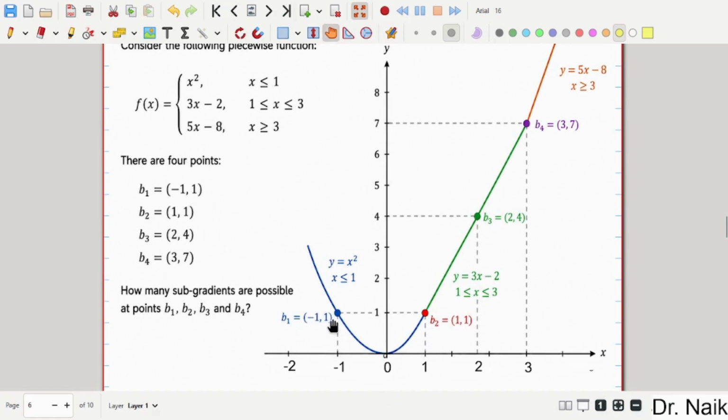B1 lies entirely in one section because x is less than 1; here minus 1 is less than plus 1, so it lies on the parabola.